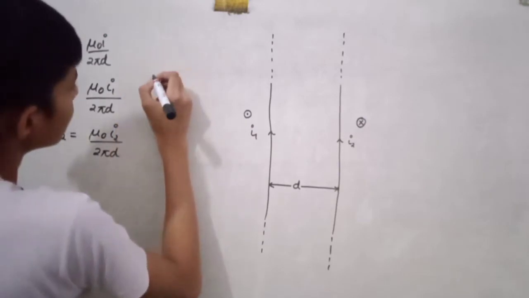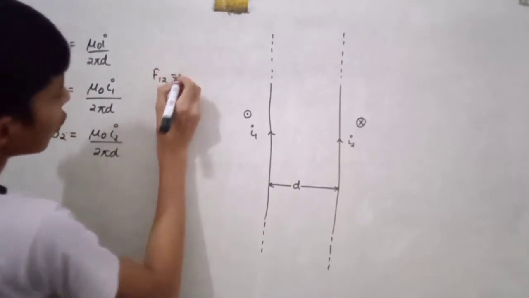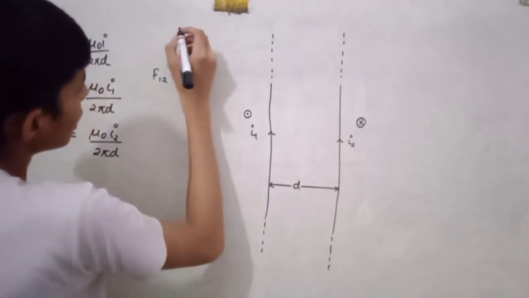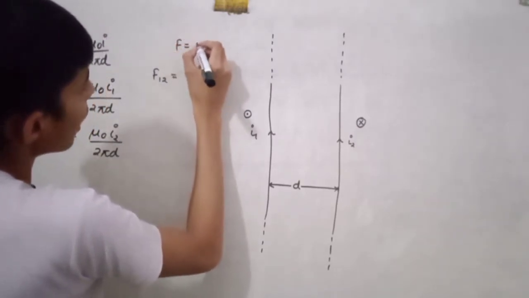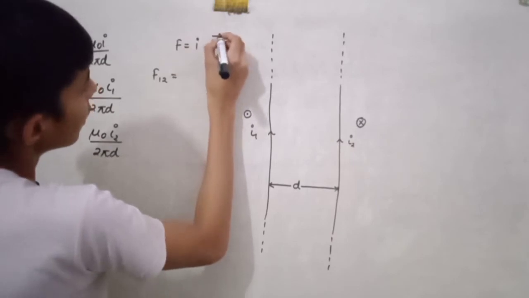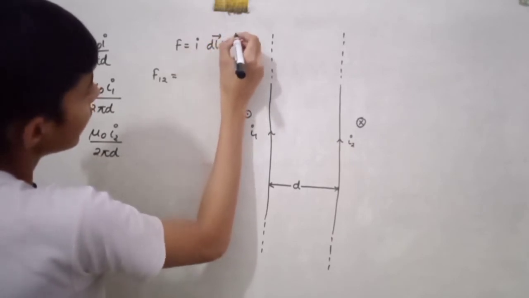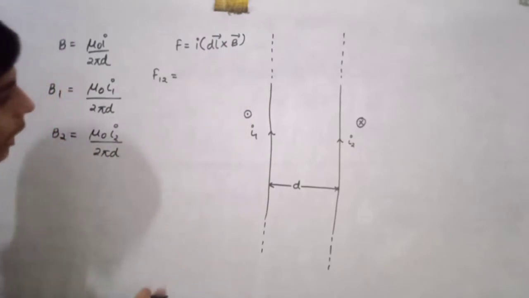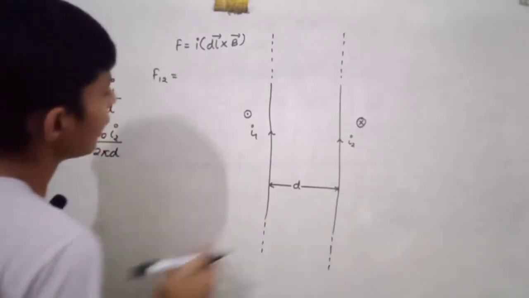Now, force on wire 1 due to 2. The general formula of force is I into dl cross B. This is the general formula of force, and we have to find the force on wire 1 due to wire 2.